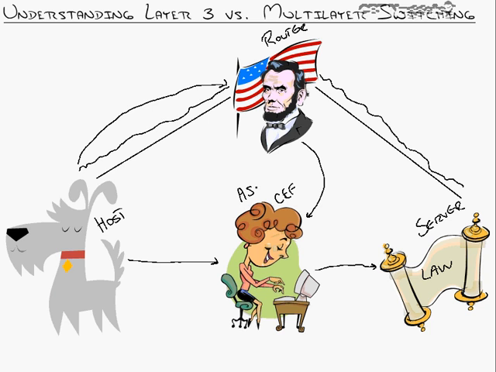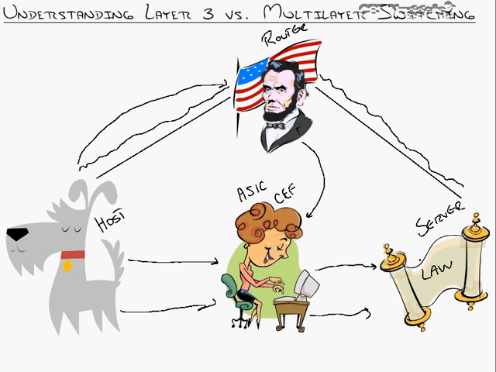You could call it Mrs. ASICs. You could call her a lot of things. But that is the hardware piece of the switch. So all future packets fly through without having to be checked by the router, because that is known as multi-layer switching.